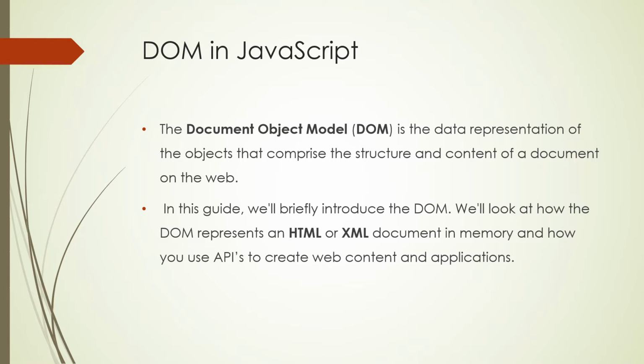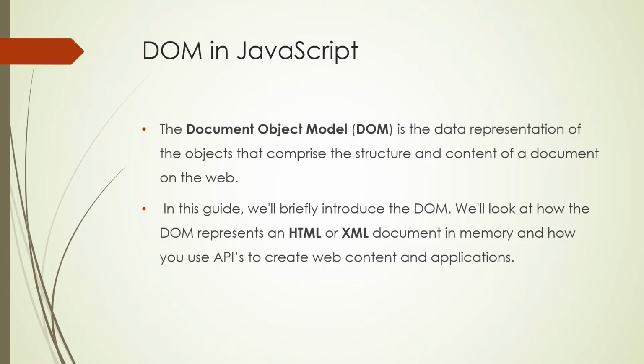Document object model in JavaScript. The document object model, DOM, in JavaScript is the data representation of the objects that comprise the structure and content of a document on the web. In this guide, we will briefly introduce the document object model.